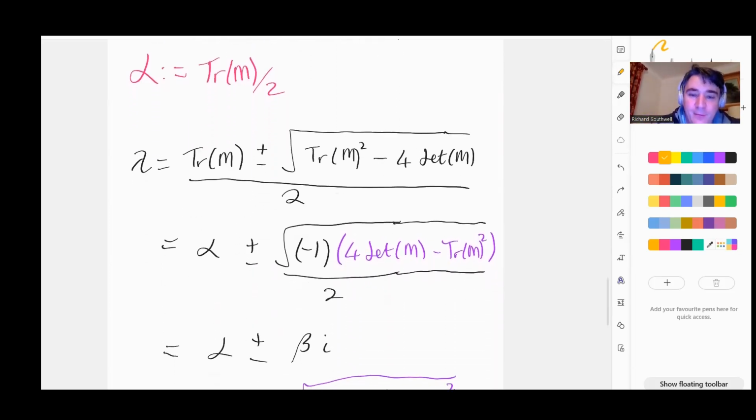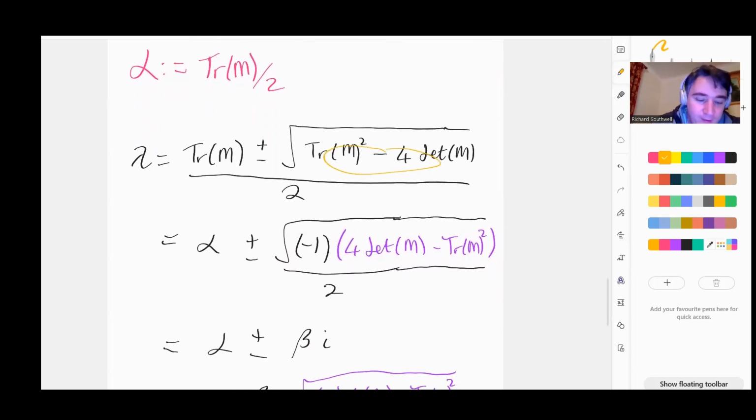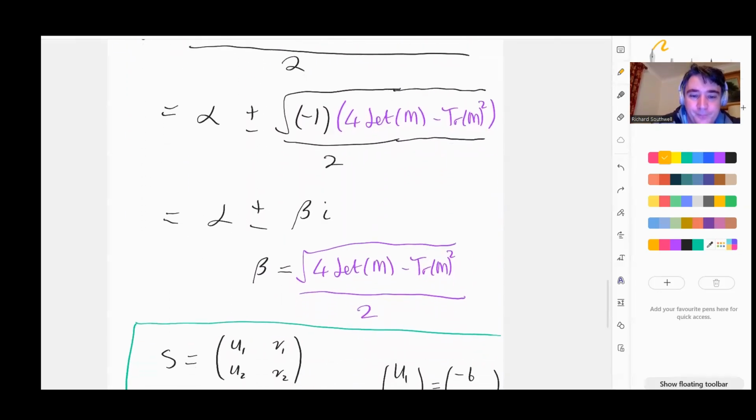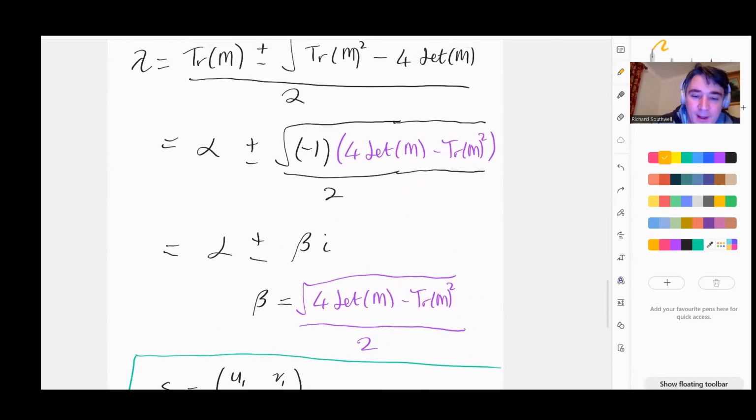And then we can notice that we can rewrite this as -1 times this positive quantity here. And actually, if we define beta to be this, this is going to be a real number.